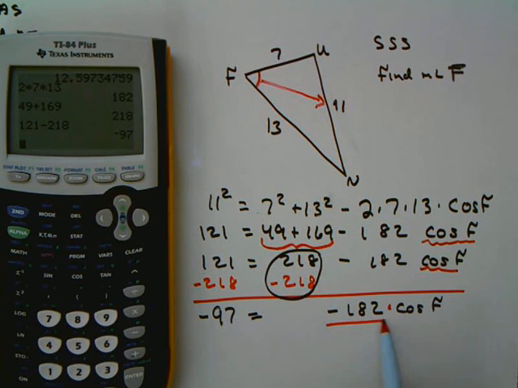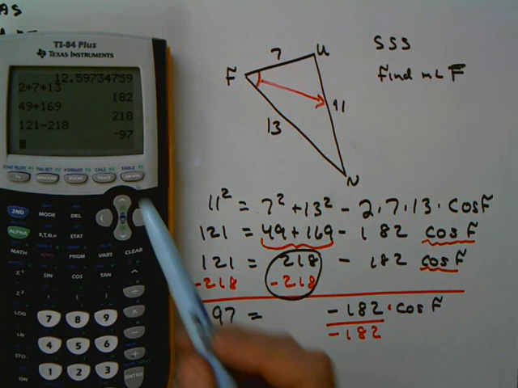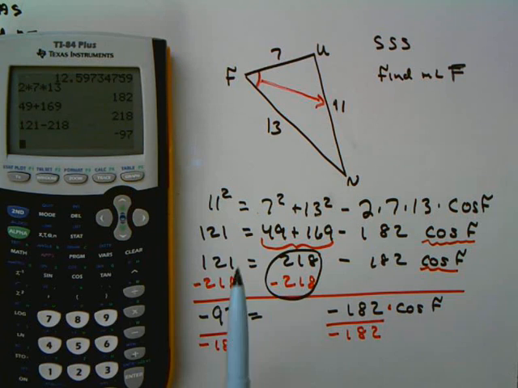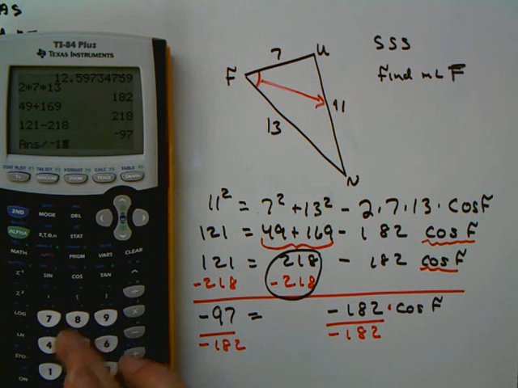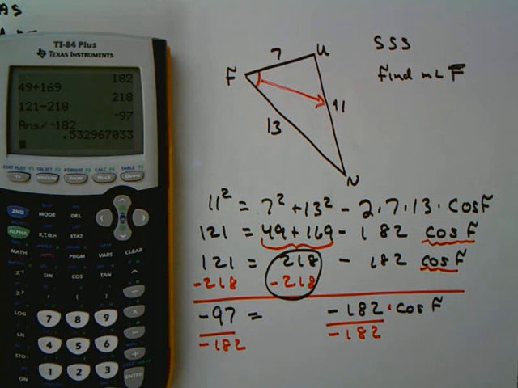Now the opposite of this multiplied to this is division. So we're going to divide both sides by 182. Now notice, negative 97 is already in my calculator. So I'll just press divided by, and it says divide that 97, and I'm going to say negative 182.